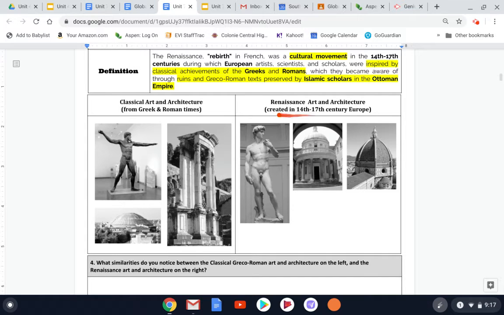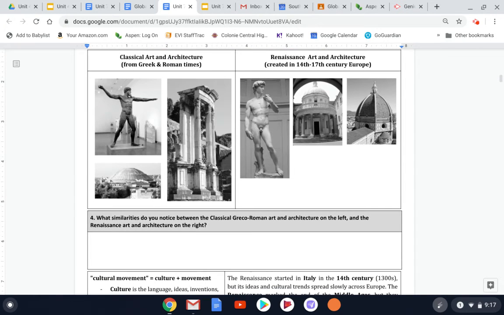These kinds of things are being created during the Renaissance eras of the 14th and 17th century. So our first question is, what similarities do you notice between the classical Greco-Roman art and architecture on the left and the Renaissance art and architecture on the right? These are some of the things that are being reborn into Europe, that they're rediscovering.